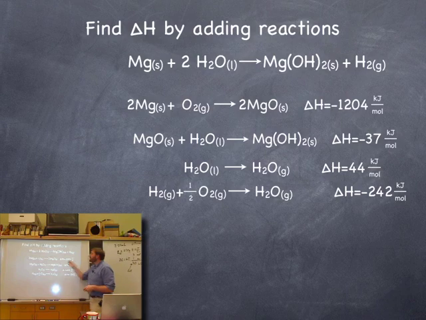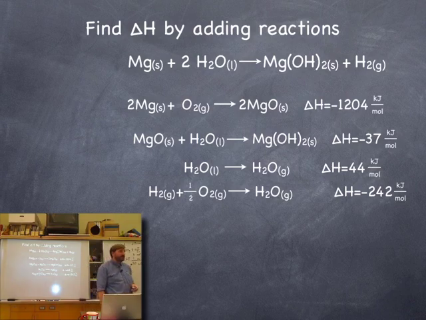We have, however, in our given set of equations, this has 2 magnesium in it. And my target equation I'm trying to build only has 1 magnesium. Since there's no other magnesiums any other place by themselves as an element, I know that I need to take this equation and multiply it by some number so that I'll get 1 magnesium.